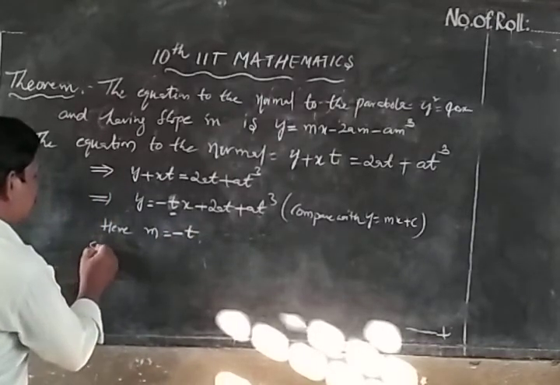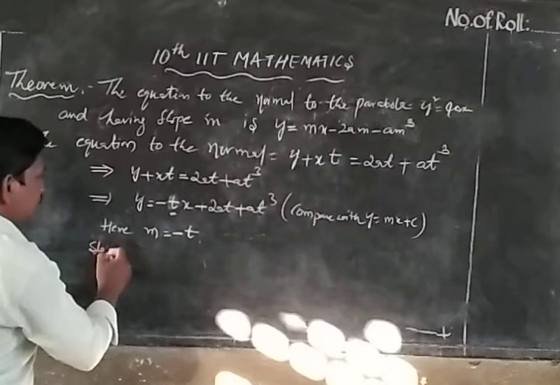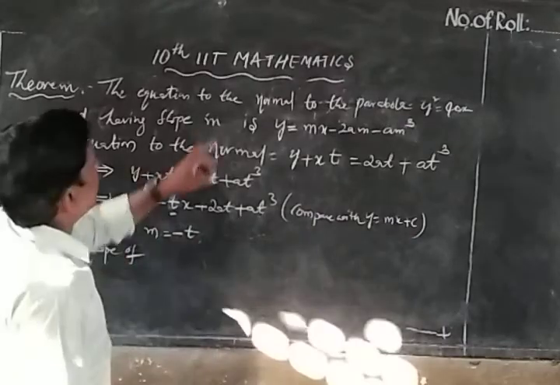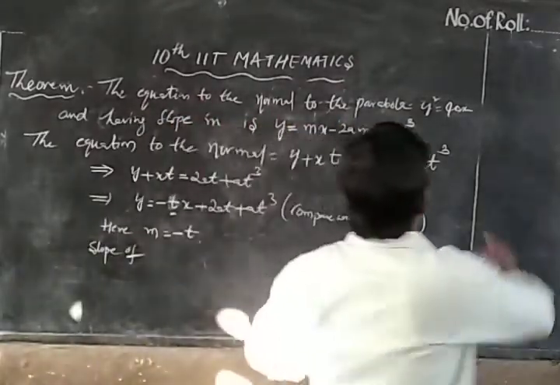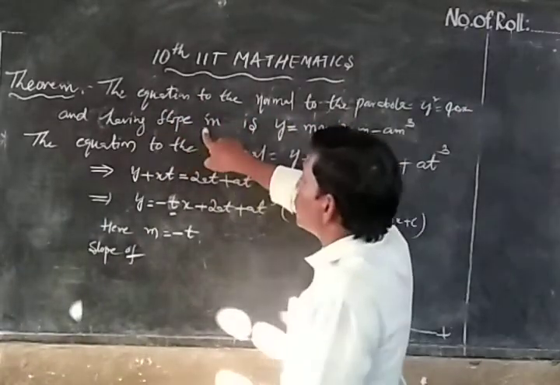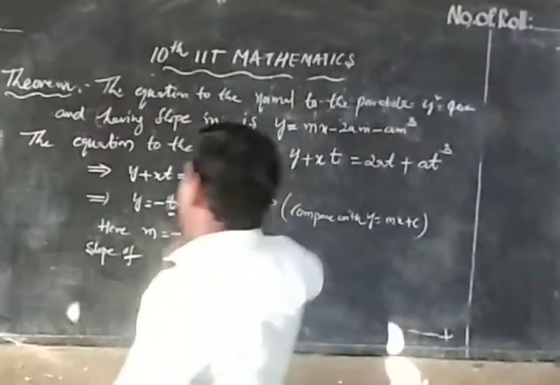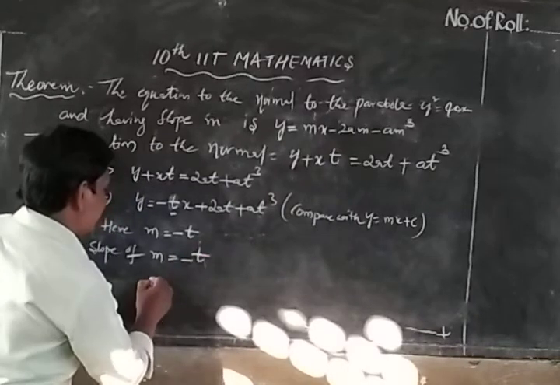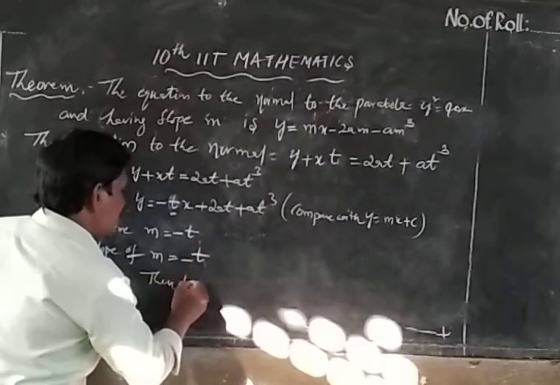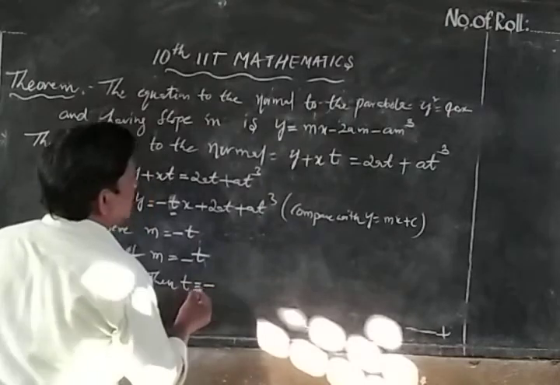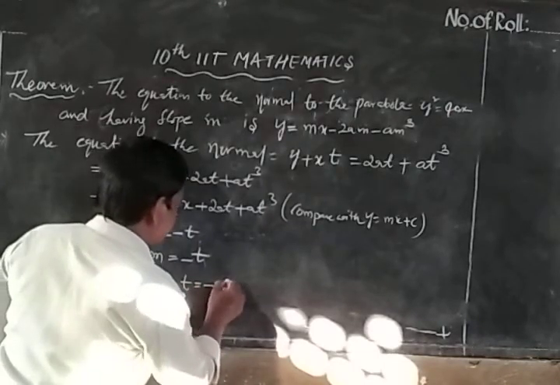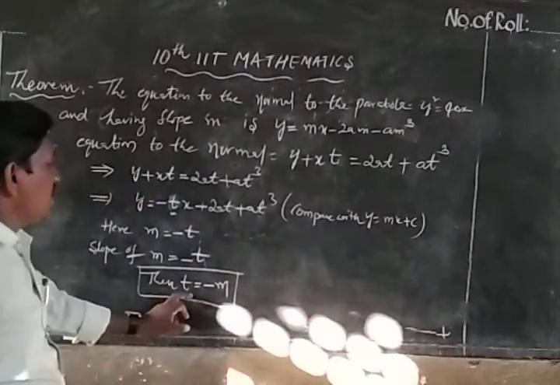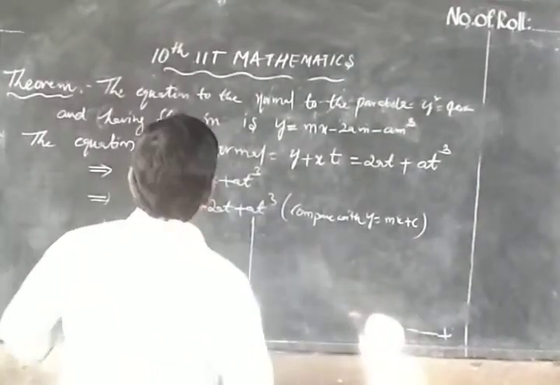Slope. Here, we are getting the equation of the normal to the parabola y² = 4ax having the slope m = -t. So then t = -m.